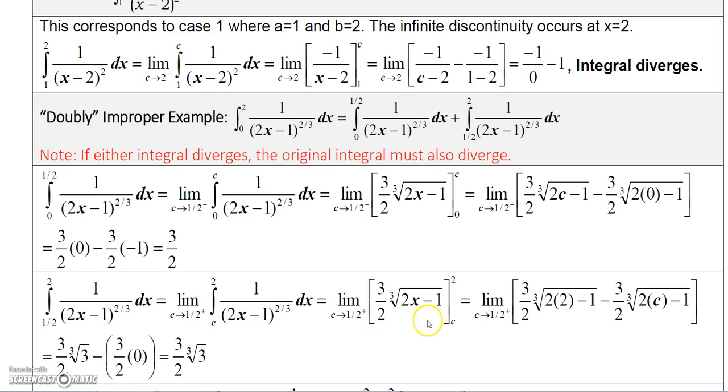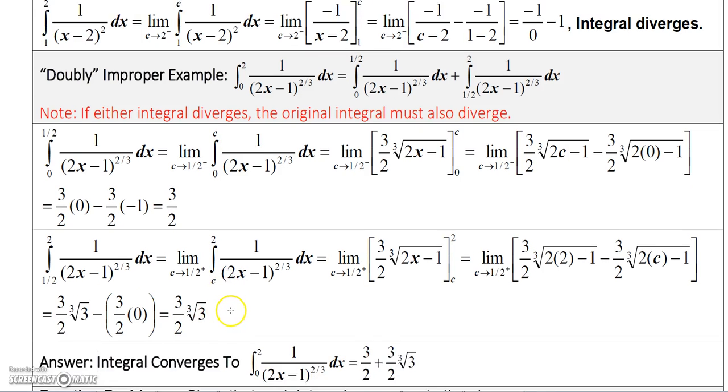So I get the same function when I integrate, but now I'm going to evaluate it at 2. So I evaluate this at 2, and I get 3/2 times the cube root of 3, and then minus 3/2, and then let c go to 1/2, and this is going to go to 0. So I actually get 3/2 times the cube root of 3 minus 0.